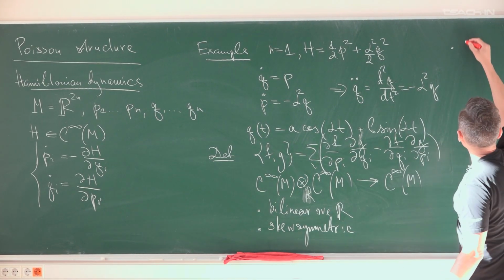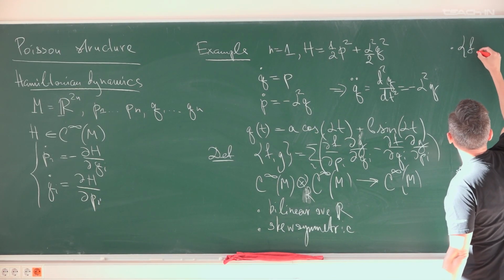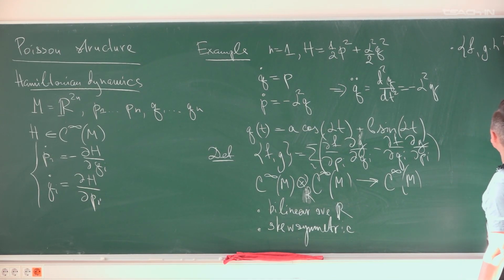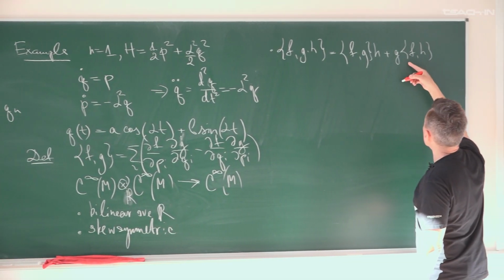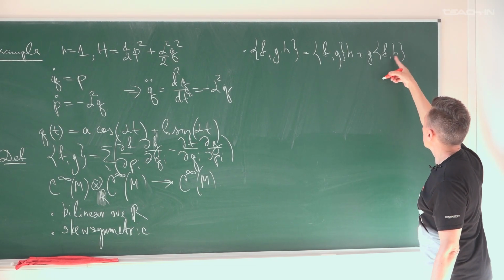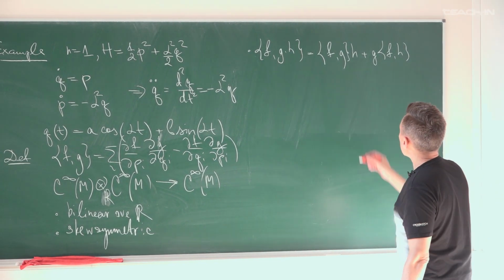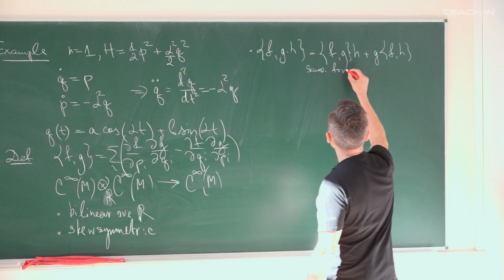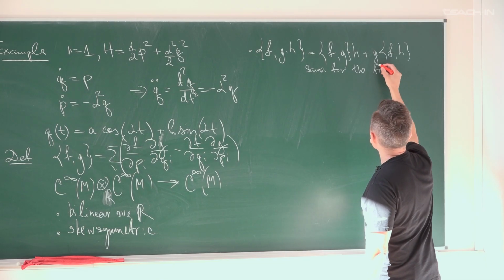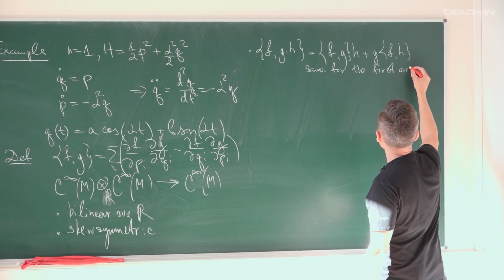So the bracket of f and g multiplied by h is the same as f times the bracket of g and h plus g times the bracket of f and h, and the same for the first argument.